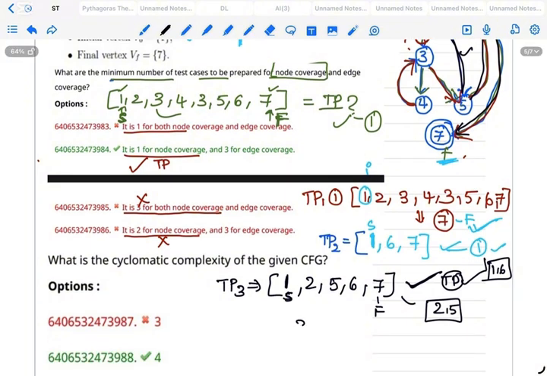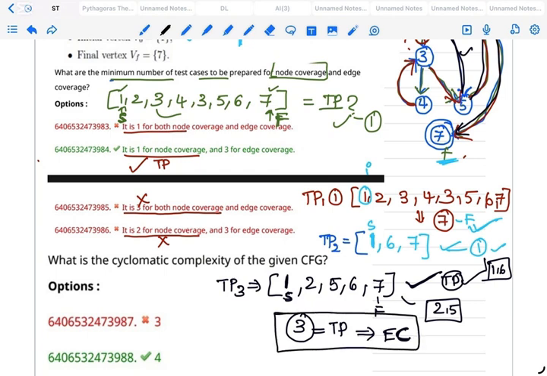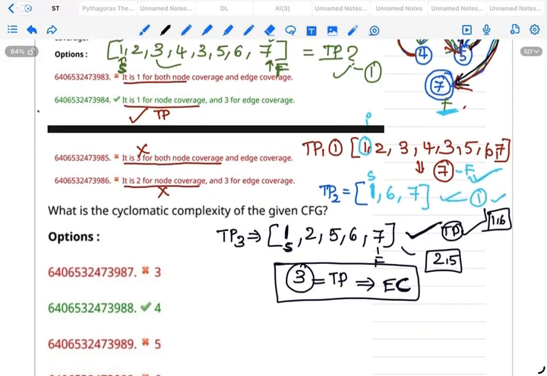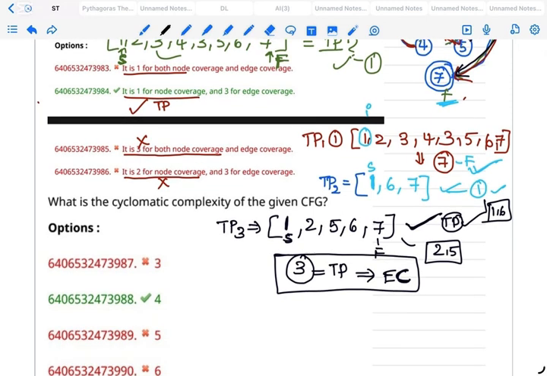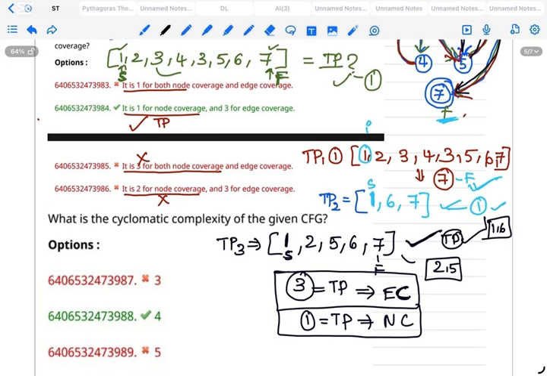So it requires 3 test paths to cover edge coverage, not edge pair coverage. Edge pair means 2 edges; here it is only edge coverage, EC. So 3 test paths are required for edge coverage and 1 test path for node coverage, which covers all the nodes.